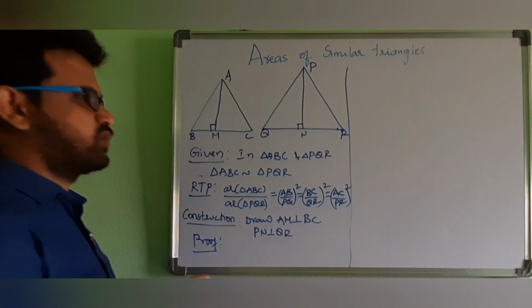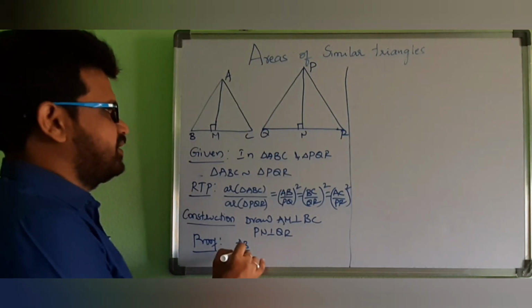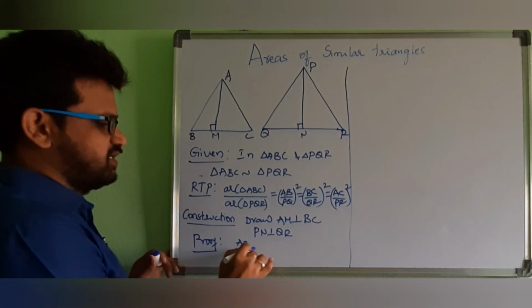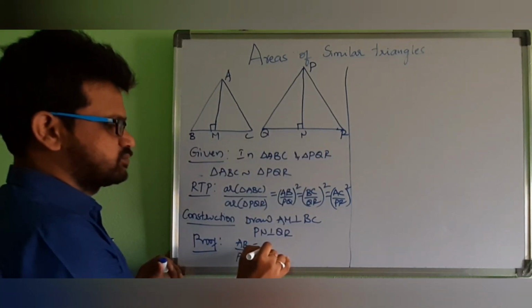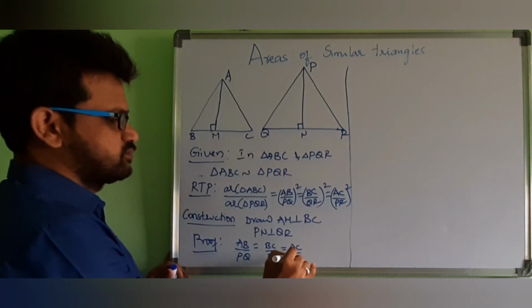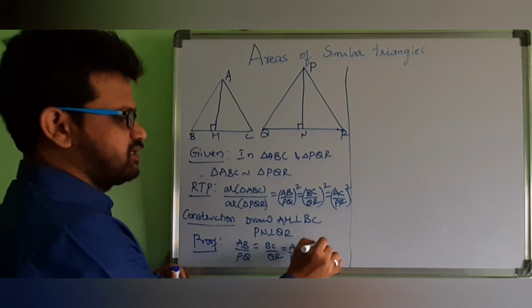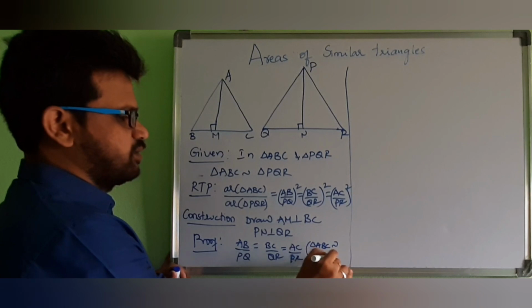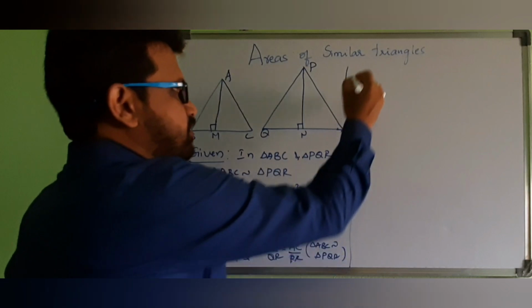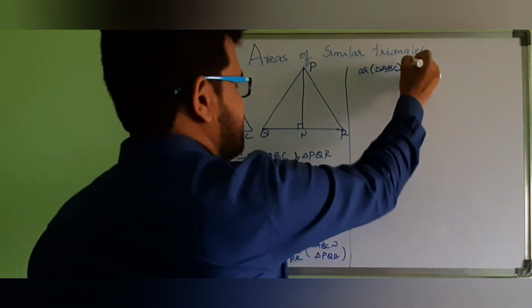We know that if two triangles are similar, then corresponding sides are proportional, means AB by PQ is equal to BC by QR is equal to AC by PR. Why? Because triangle ABC is similar to triangle PQR. Next, how to find area? Area of triangle ABC: what is the formula here?